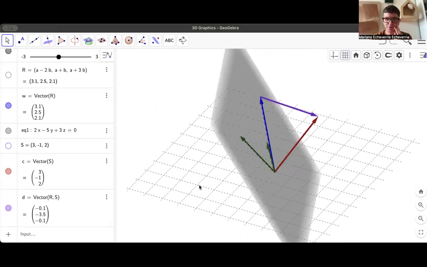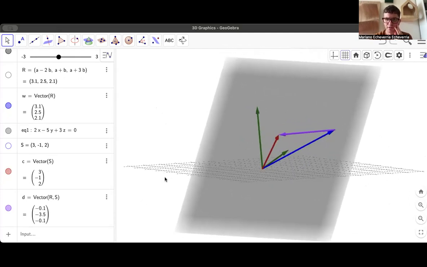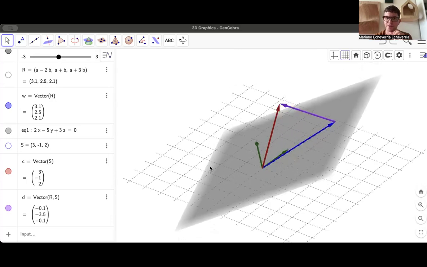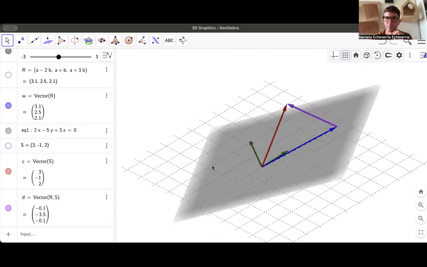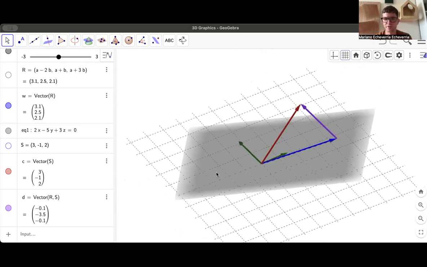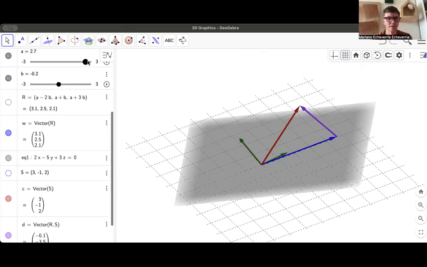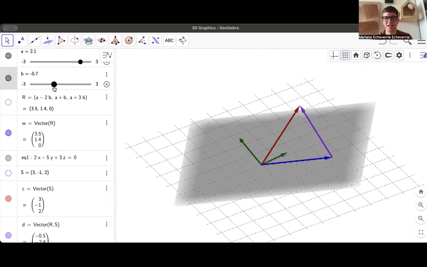You are trying to determine the values for the blue vector that will make the purple one as small as possible. Because again, the red one is completely fixed. You cannot change the red vector. But if you give different values to the blue vector, you see that the purple one changes in size, right? So the purple one is the error.